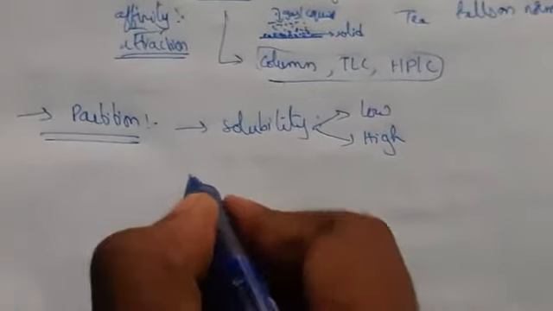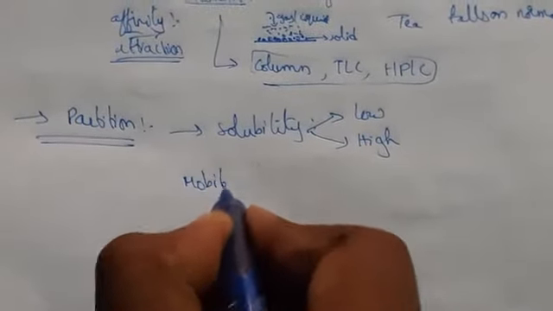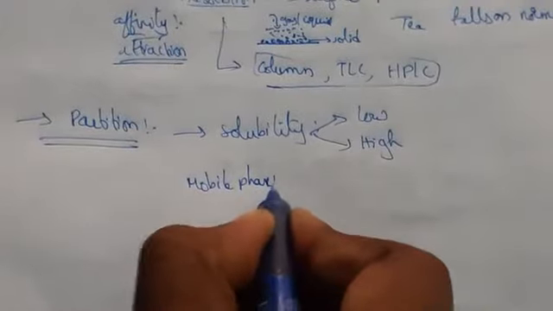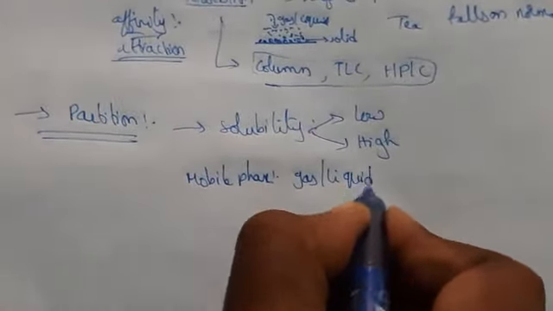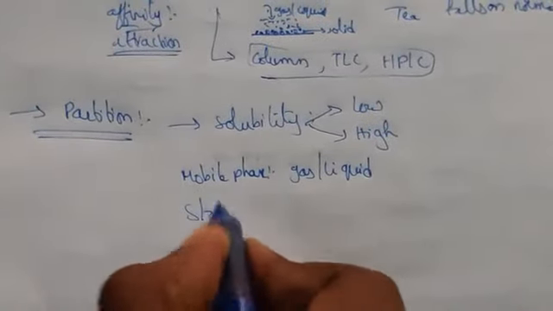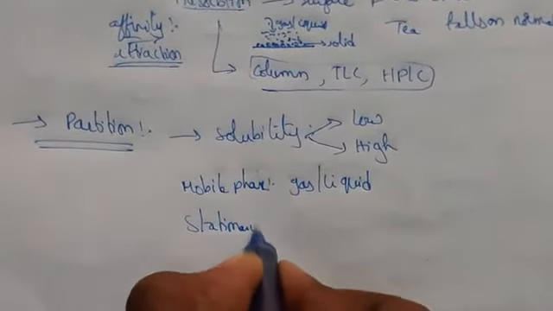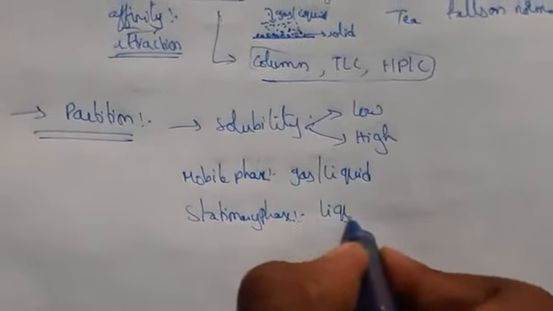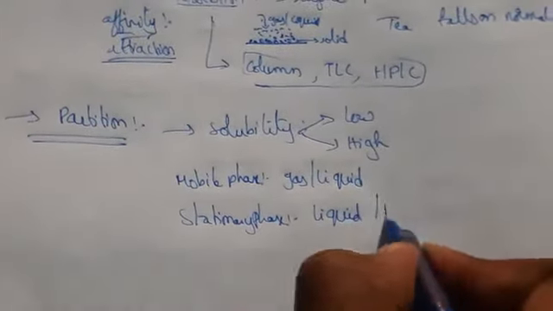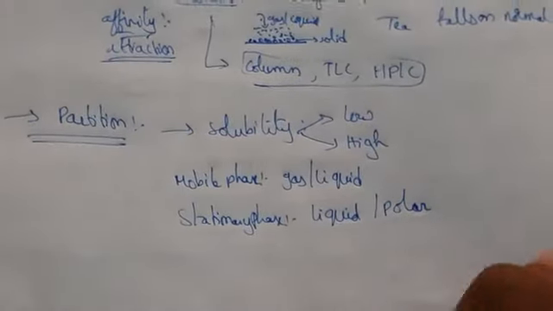Here we have the mobile phase, either gas or liquid, and in the stationary phase we take a liquid. This liquid will be a polar molecule, polarity.